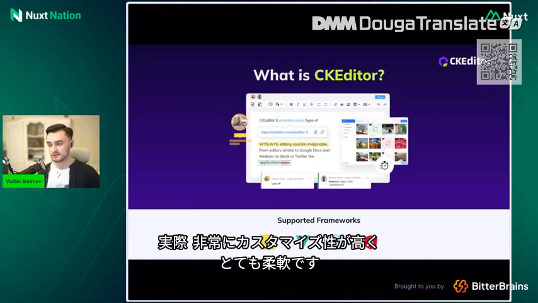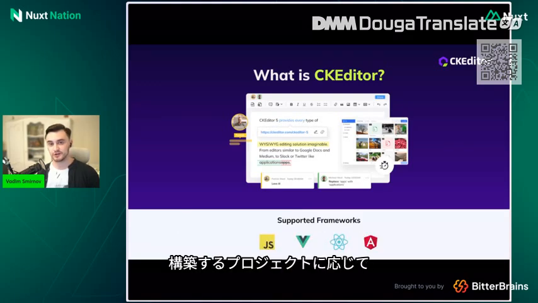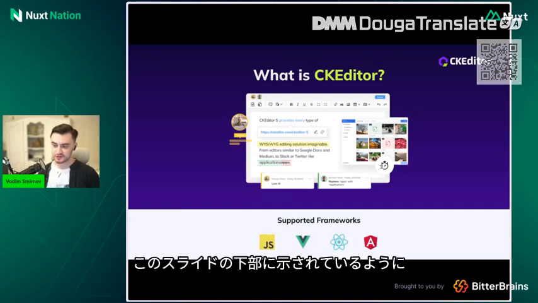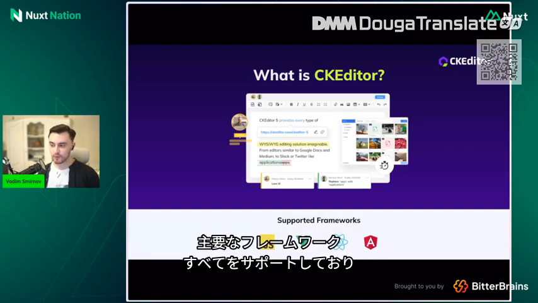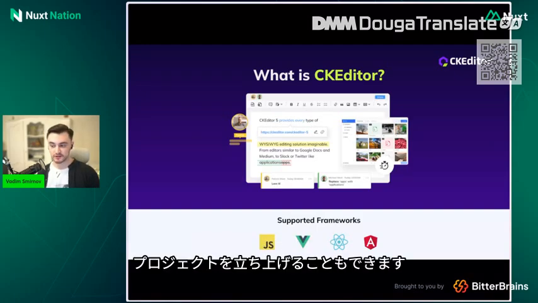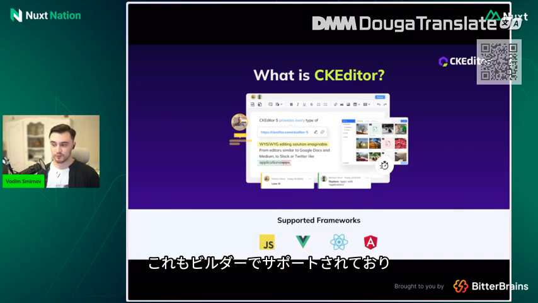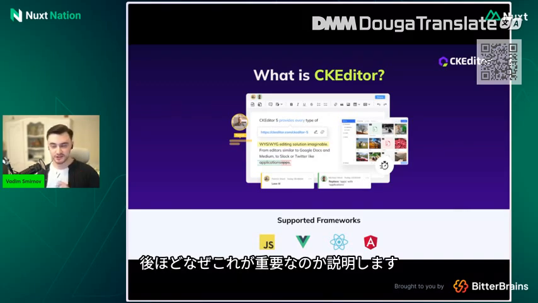It's very flexible, so you can make sure that it's tailored to your exact expectations and needs, depending on which project you're building. As you see at the bottom of this slide, we support all of the mainstream-ish frameworks, and you can also bootstrap a project with CK Editor with vanilla JavaScript. This is supported by Builder as well, and I will mention it a bit later.